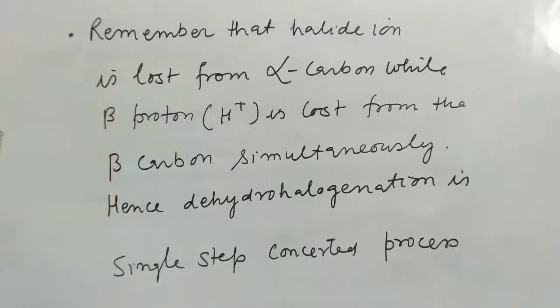Remember that halide ion is lost from the alpha carbon, while beta proton is lost from the beta carbon simultaneously. Simultaneously means at the same time. Hence, dehydrohalogenation is a single step concerted process.